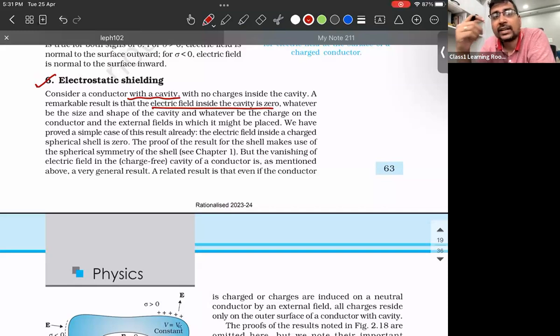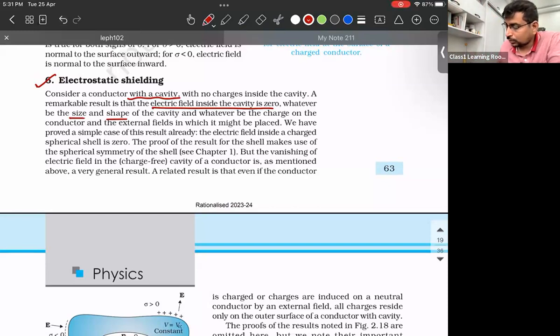When there are no charges, obviously the electric field inside is again going to be zero, where a point to be noted is whatever be the shape and size of that cavity, and whatever be the charge on the conductor and external fields in which you place it. You place it in the presence of any amount of charge or any amount of electric field, the electric field inside that cavity is going to be zero.